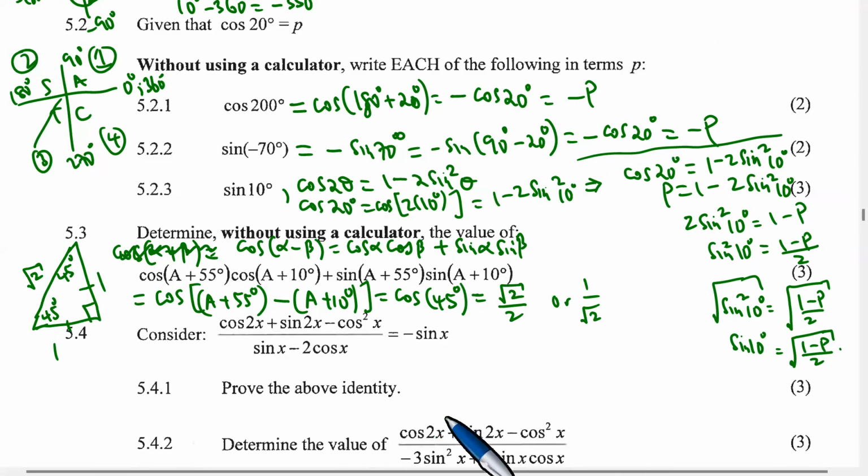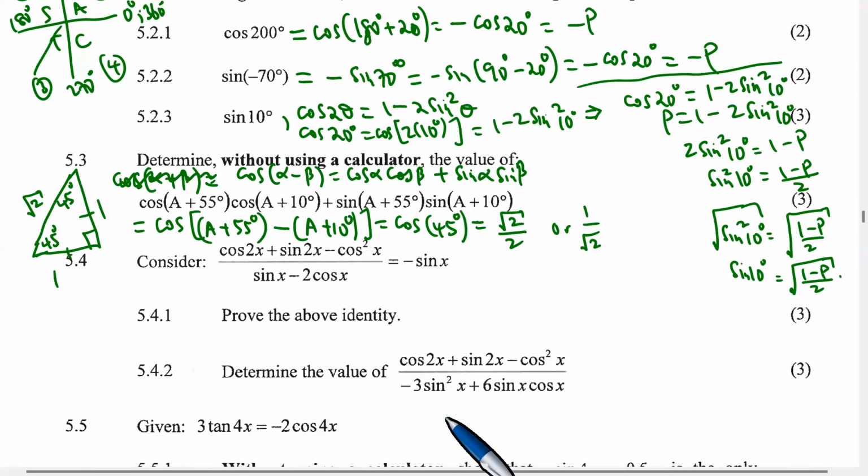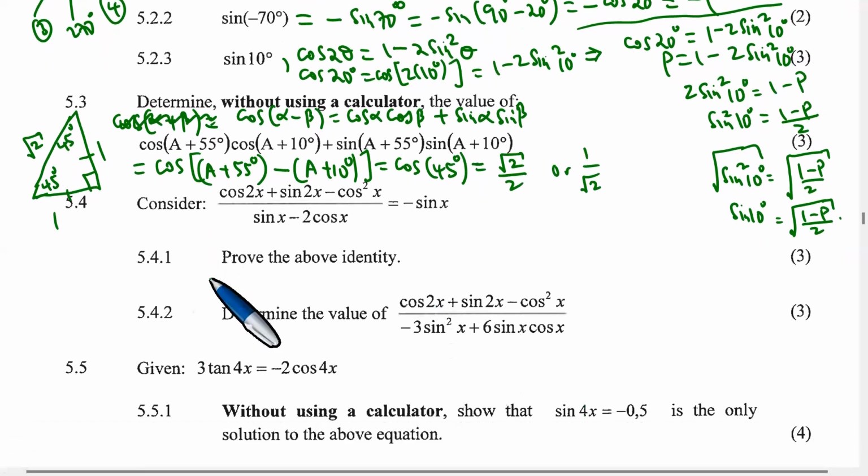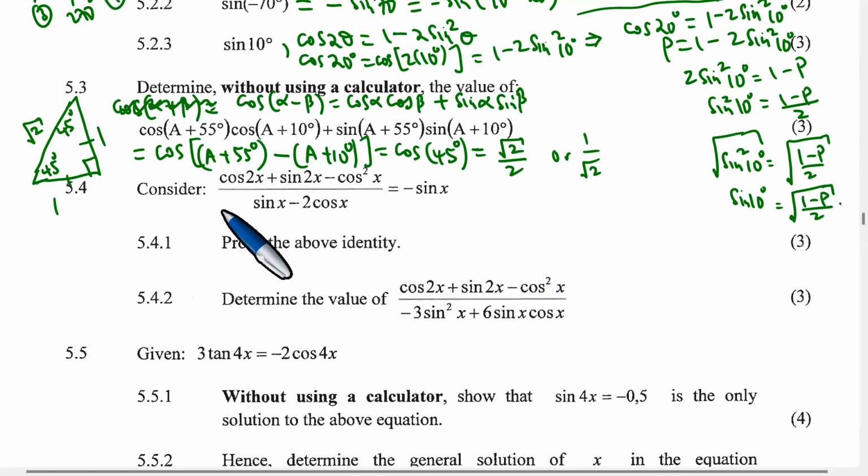Next question. Next, they've given us this identity, and they're saying, consider this identity, prove the identity. Let's write the proof of this.